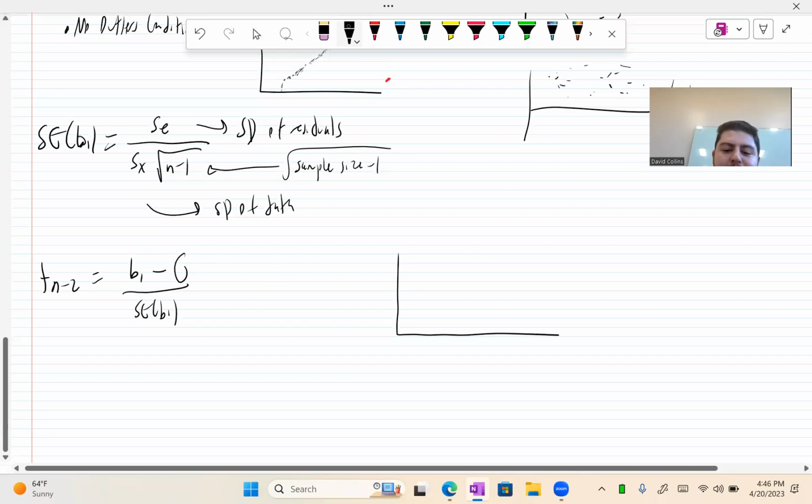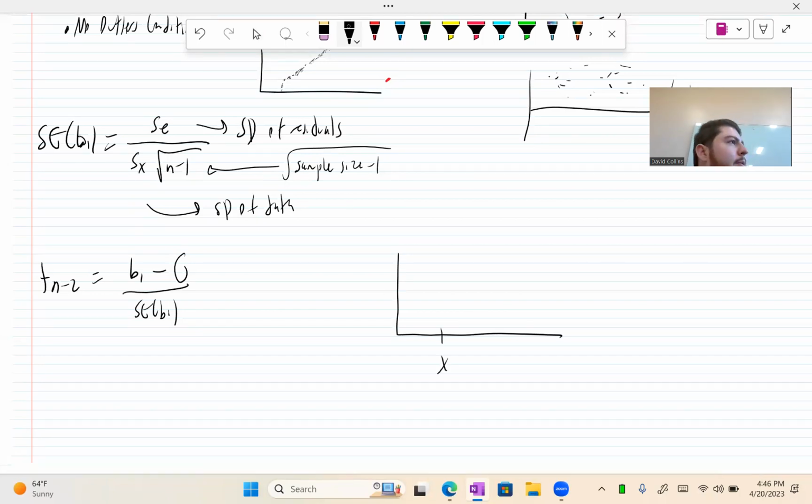So you have a scatter plot. For a given value of x, you take a sample, you get a value. You take another sample, you get a different value. You keep doing this over and over again. You get a sampling distribution. And what this resembles by central limit theorem is a normal curve.